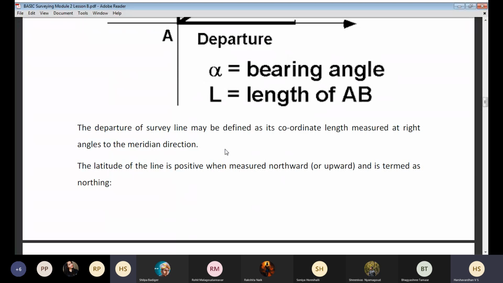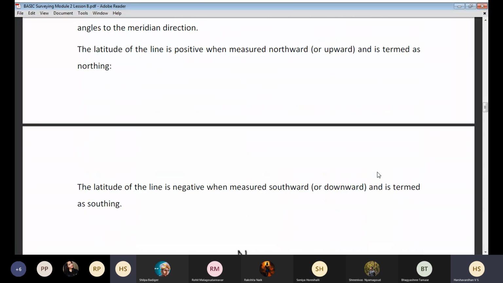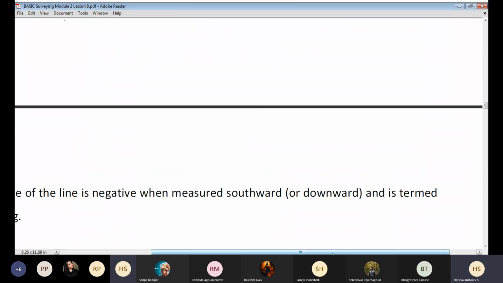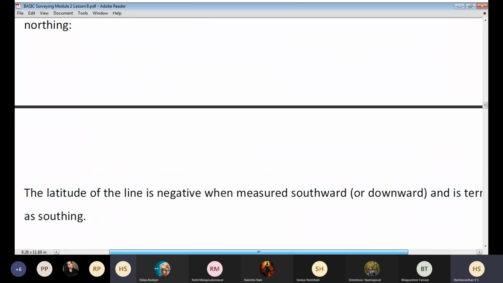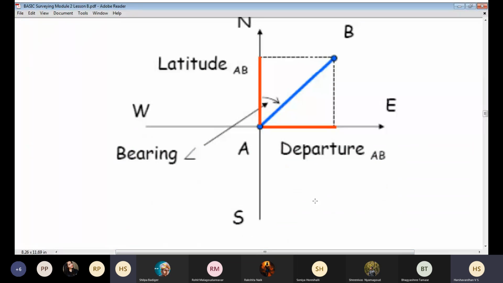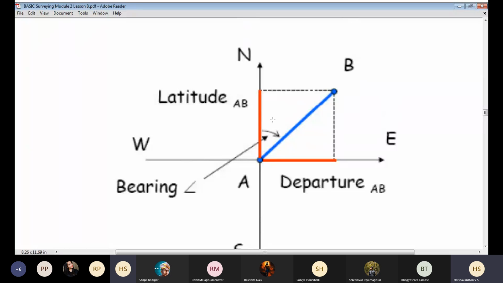And sign convention: latitude of the line is positive when measured northwards or upwards, and it is termed as northing. And latitude of the line is negative when it is measured southwards or downwards, and it is termed as southing. So in this case, for line AB, the latitude is along north, so it will be positive.